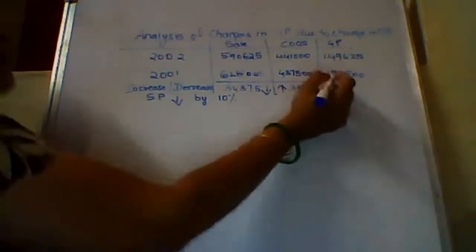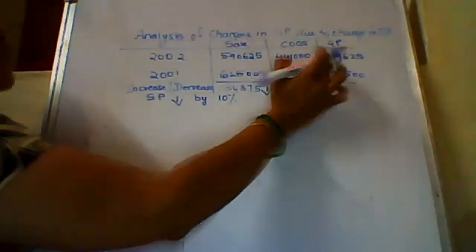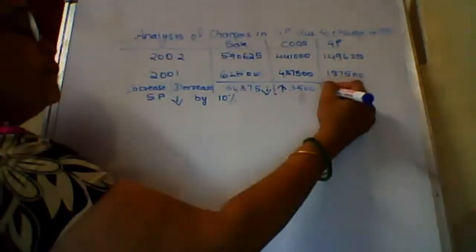Okay, so there is a change in the gross profit. The gross profit is reducing from 1,87,500 to 1,49,625. How much is the total reduction? 37,875 is the total reduction.